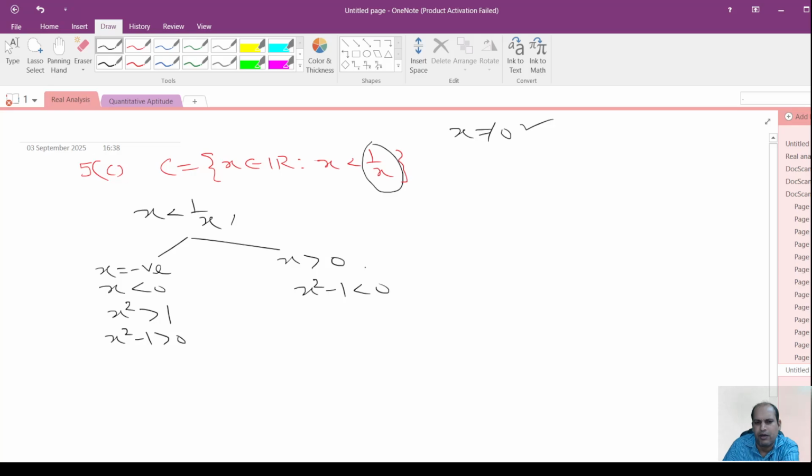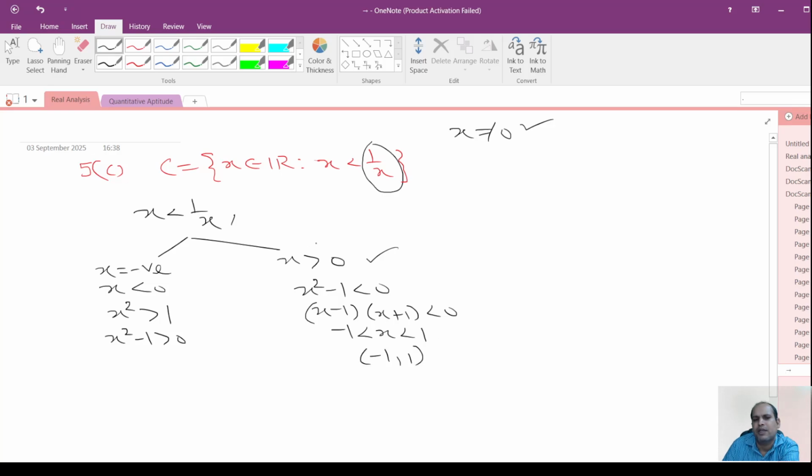Now, let us simplify both cases. If we simplify this one, we have (x minus 1)(x plus 1) less than 0. This implies minus 1 less than x less than 1, or we get the interval minus 1 to 1.